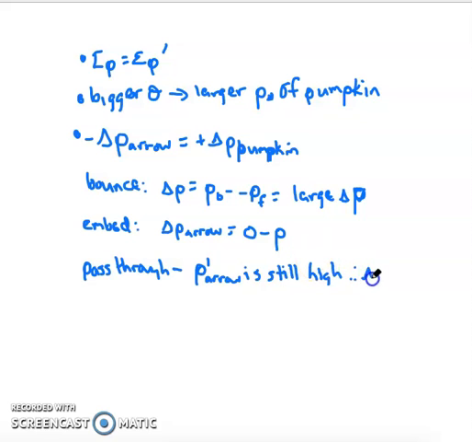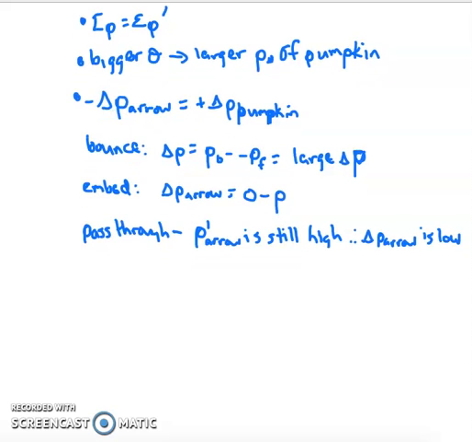Therefore, delta P of the arrow is low. And with those taken into account, we have the evidence we need for the relative changes in the arrows' change of momentum. Again, the PDF probably does a much better job than I just explained there, but that's the essence of it.